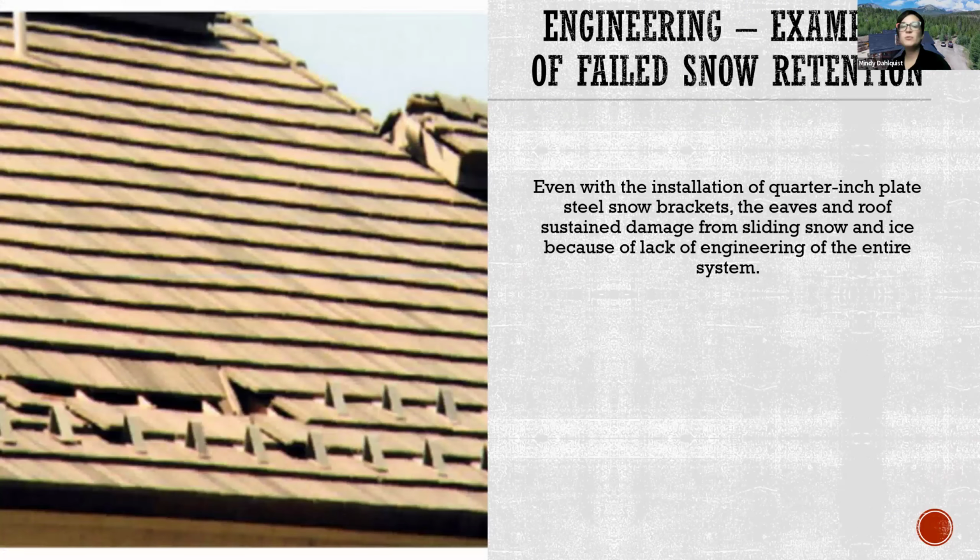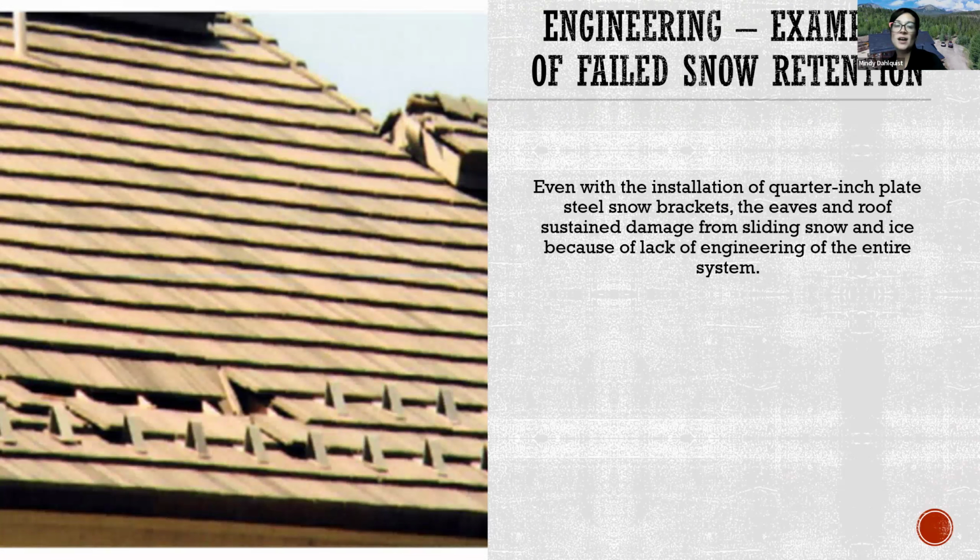So even with the installation of 1/4-inch plate steel snow brackets, this was a do-it-yourself type of situation. This man said, well, I have a metal background. I will just make my own snow brackets. He made them out of 1/4-inch plate steel and installed them on the eave of his roof. Once again, these are not made to just catch that snow as it slides down.